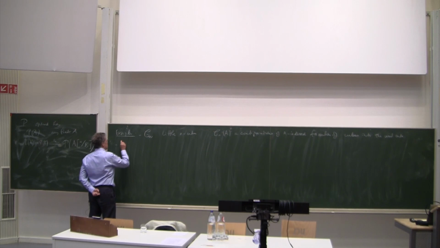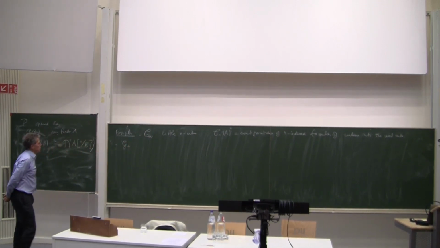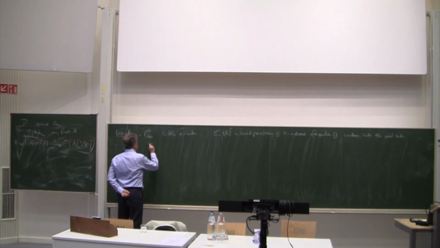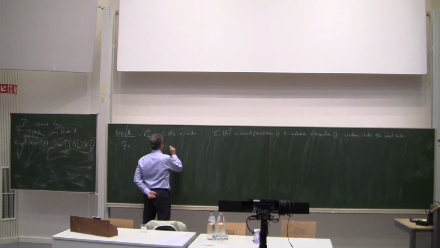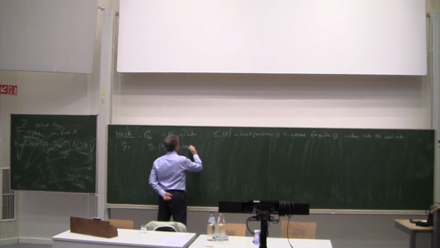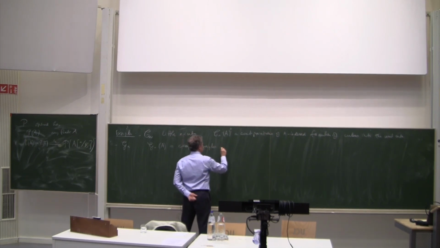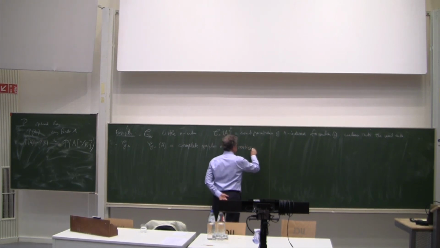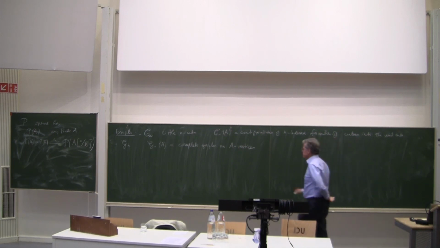A second operad, which I will denote by Gn, is the operad of complete graphs, which was introduced by Clemens Berger. And Gn of A is complete graphs of A many vertices. So A is the set of vertices, and these graphs are directed.